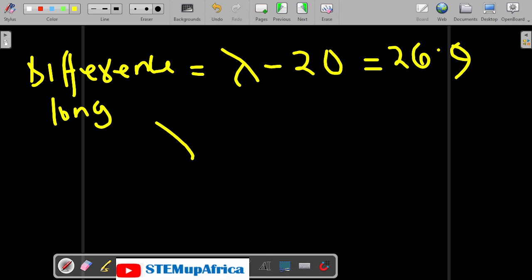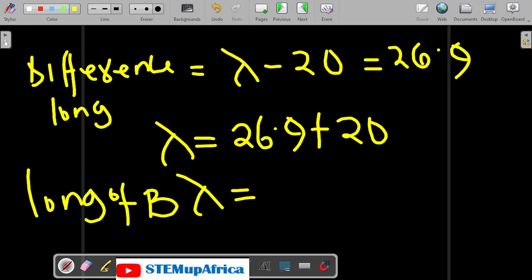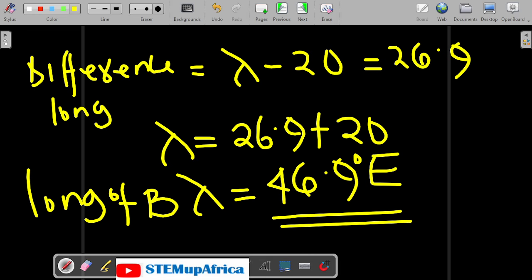From here I can find my lambda, which is 26.9 plus 20. So the longitude of B is 46.9 degrees east. That is the answer.